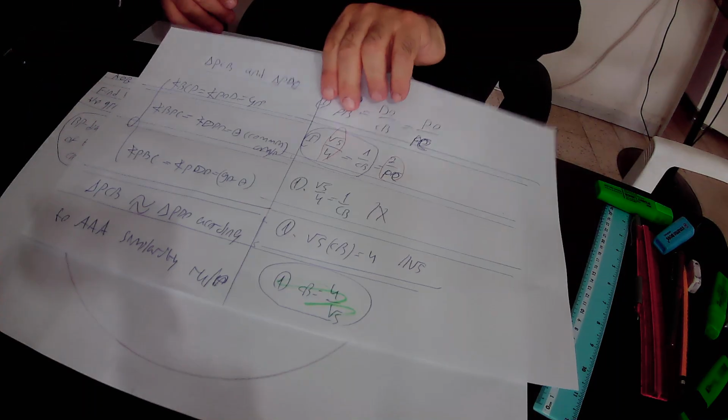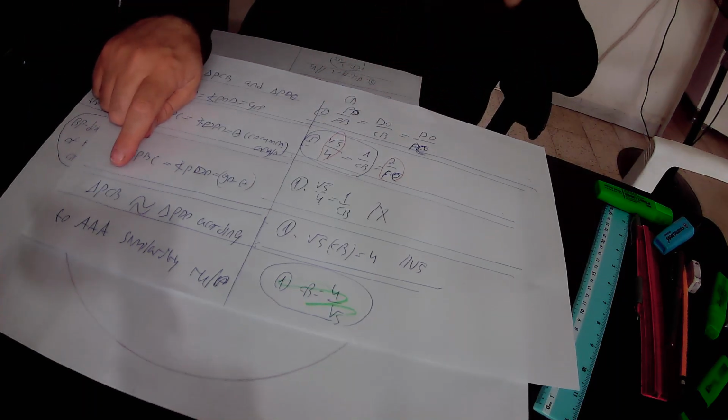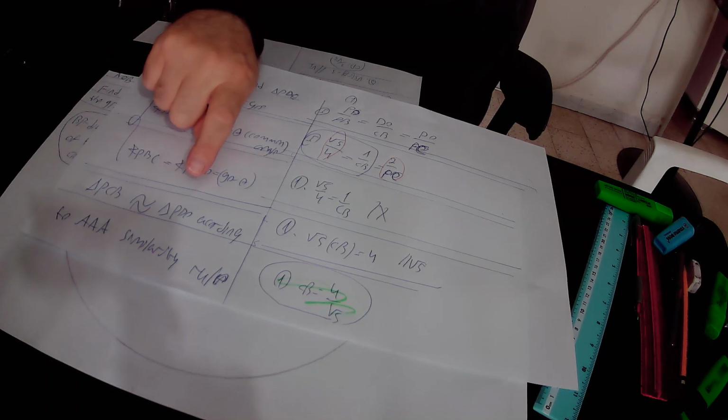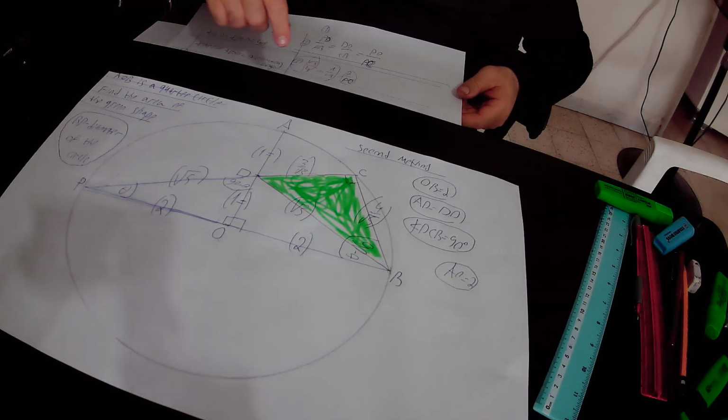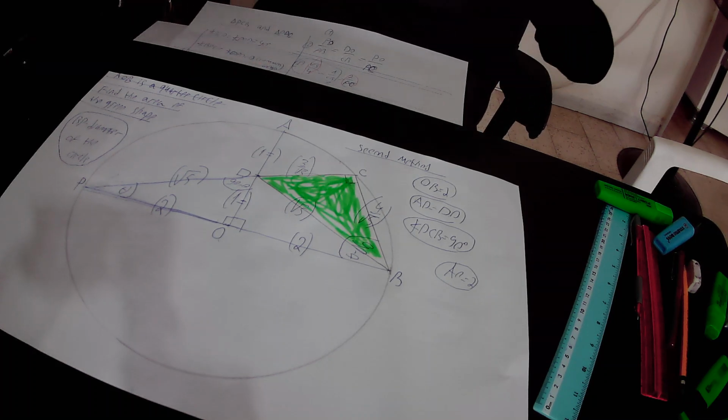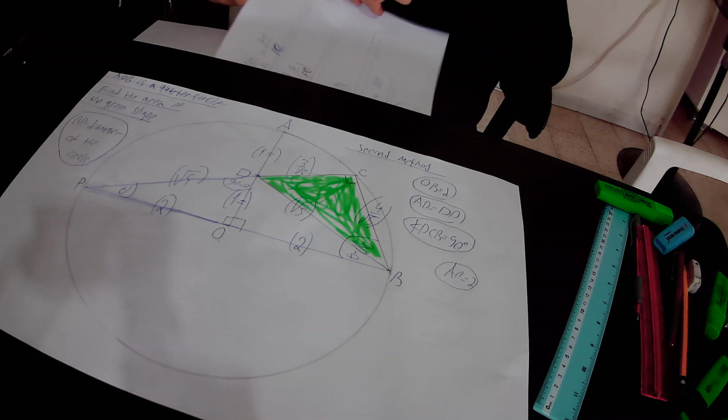So I repeat again, I found out that the big right triangle PCB is similar to the small right triangle PDO according to the angle similarity rule. And from the fact that the two triangles are similar to each other, we derive that the following relationship exists between their sides.